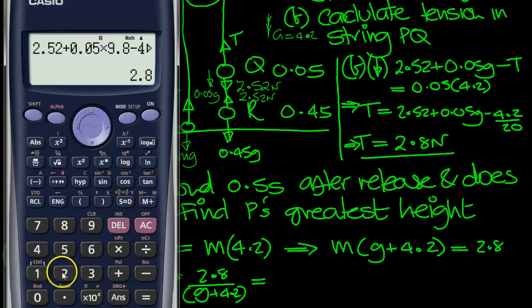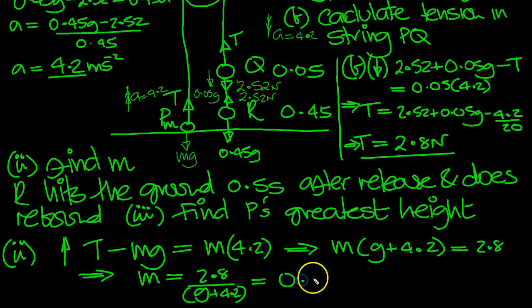So tap that in the calculator: 2.8 divided by brackets g, 9.8 plus 4.2, close bracket, equals 0.2, a fifth of a kilogram. So there's the mass of this object. So now we know the acceleration, we know the mass.